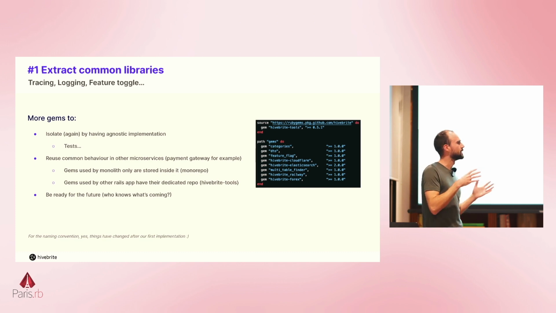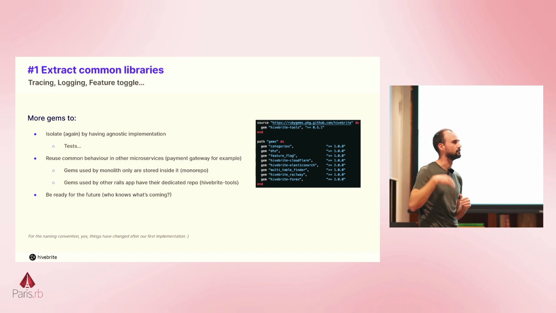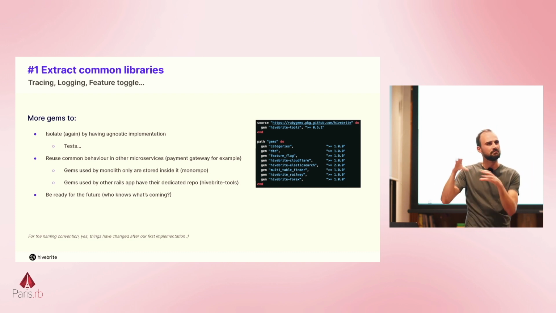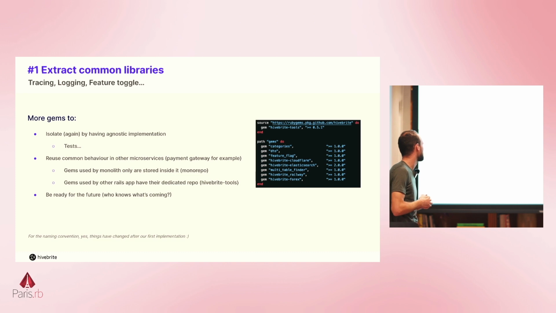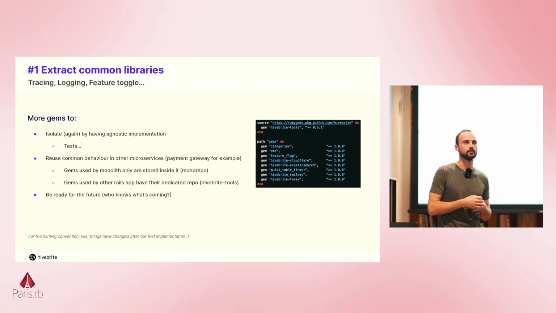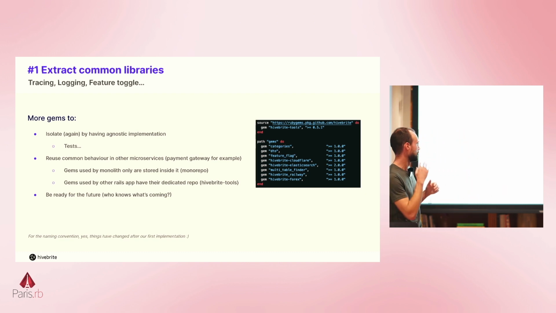A few years ago, we were like, okay, the monolith is big. We would like to experiment with something, maybe having some applications running in the cluster, maybe other REST applications. But extracting everything from a big monolith in a single try could be risky. So what we've done is first extracting all the common behavior.